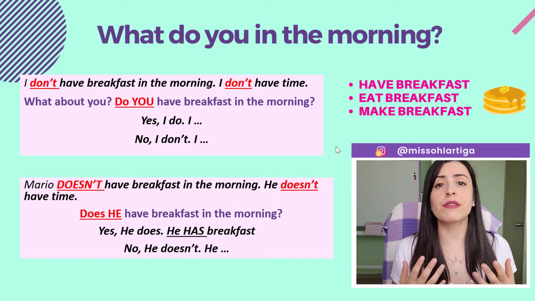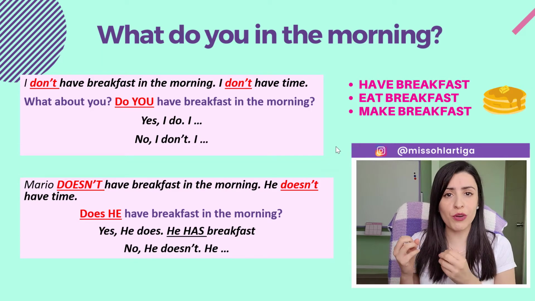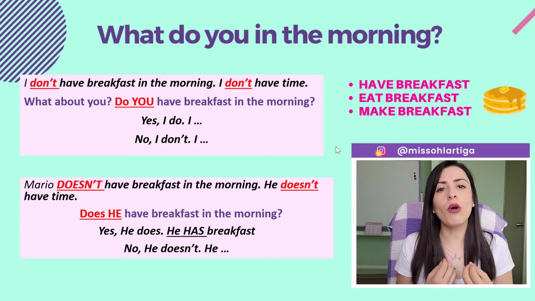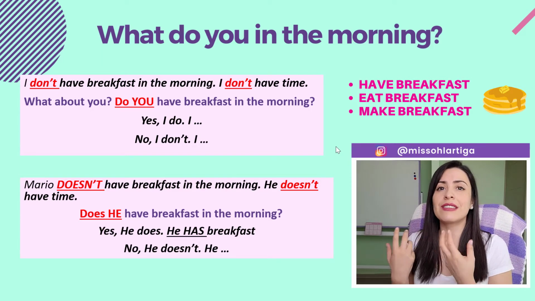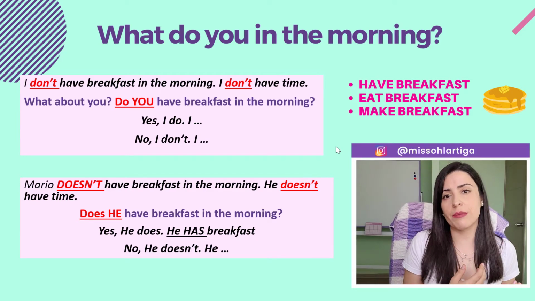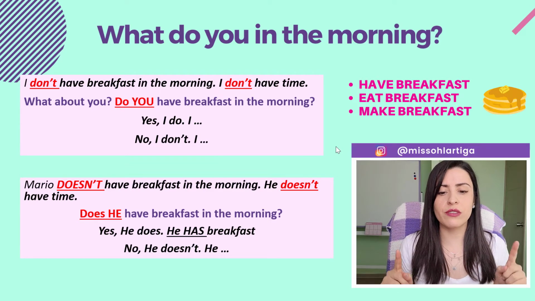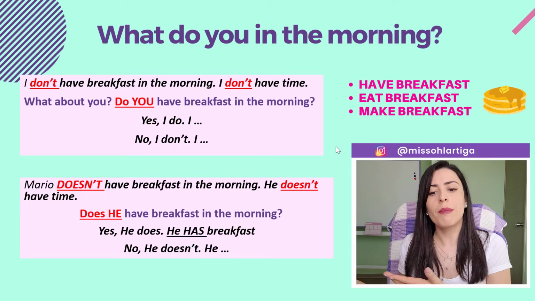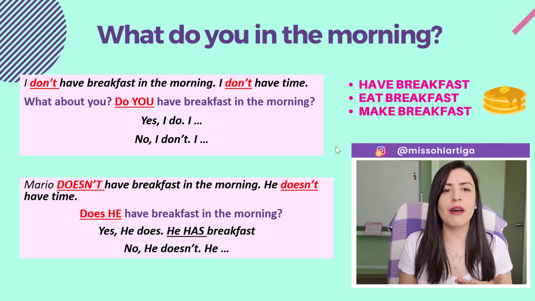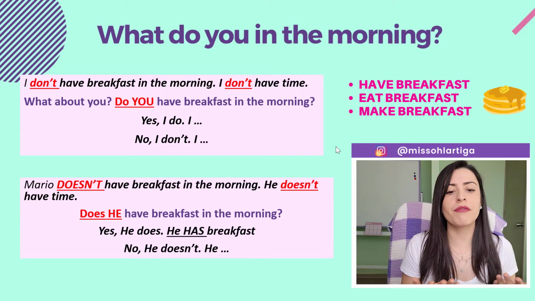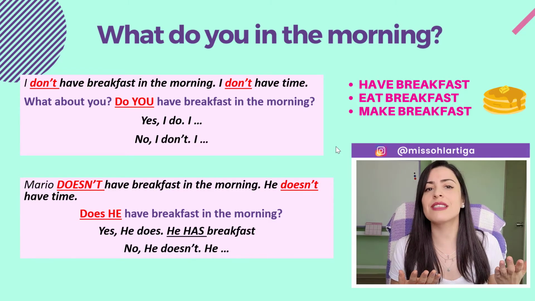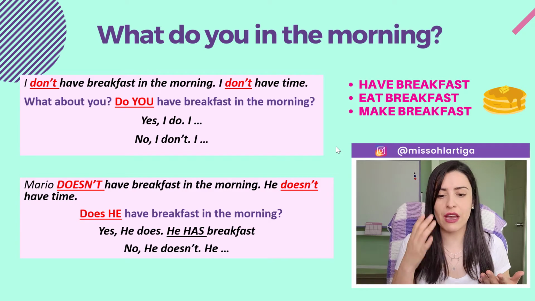In here, we have some sort of a review, es como un repaso de cómo empleamos las negaciones en tercera persona, singular. ¿Ok? Recuerda que no vamos a negar con el don't, sino que vamos a negar con doesn't. Mario doesn't have breakfast. He doesn't have time.